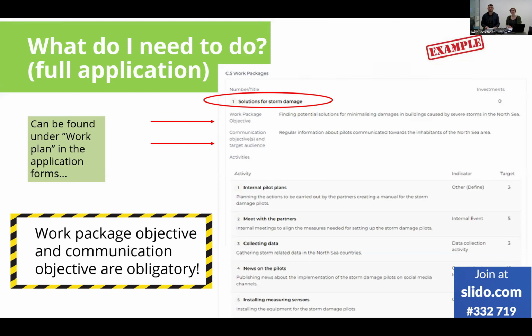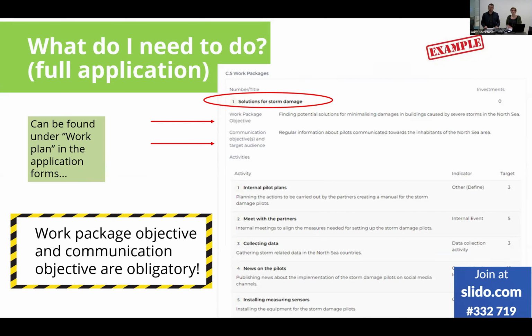The first circle that you can see here on the slide, that is actually a title. It's a test or an example that Peter and I have made, but it's the title of the first work package, Solutions for Storm Damage. Of course, it depends on what your project will be about, but this is our example case.